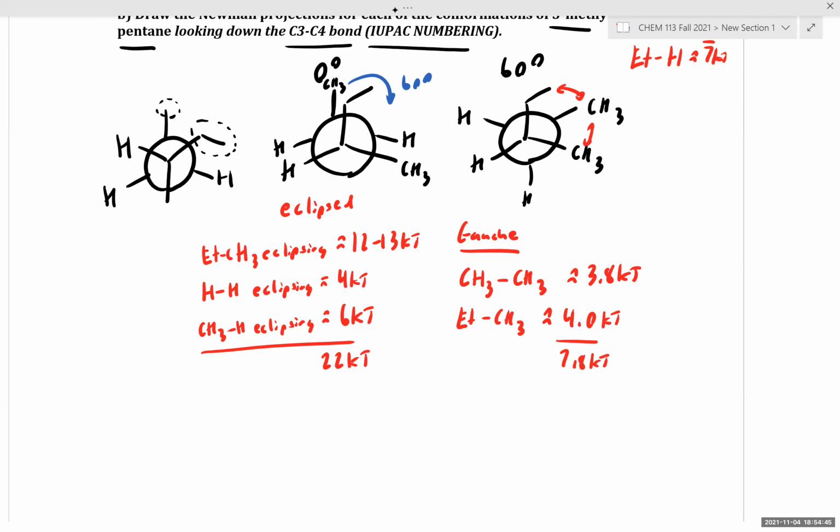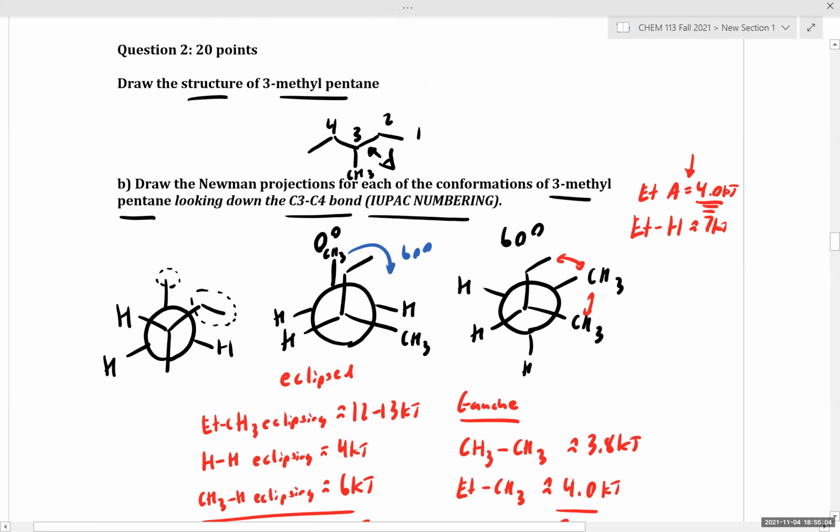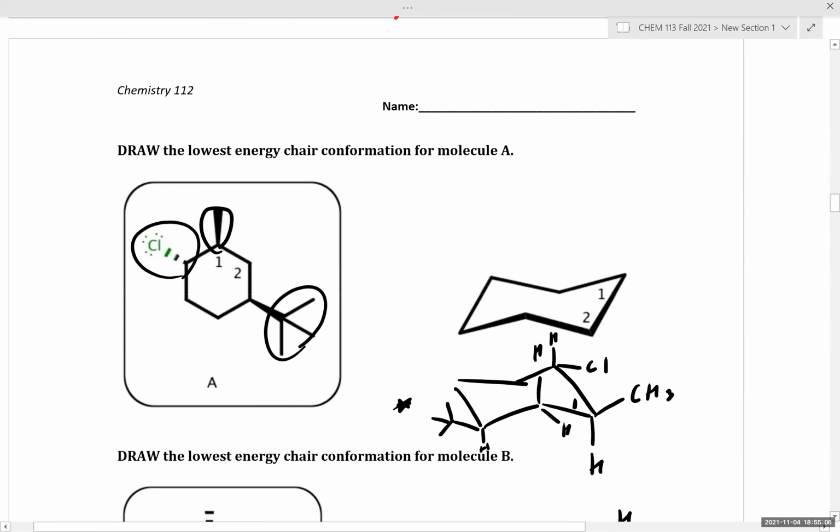So you can think of a diaxial interaction as almost like a gauche methyl interaction, just like what we saw here. So it's not really the hydrogen alone that is the problem. It's the fact that you have a hydrogen in close proximity to your methyl group, because if you look down the Newman projection, let me show you.